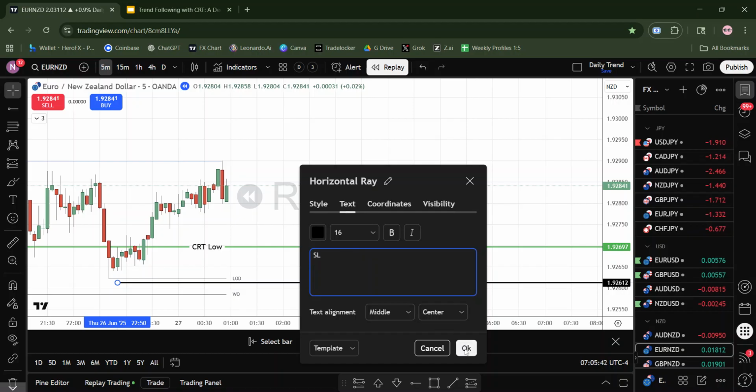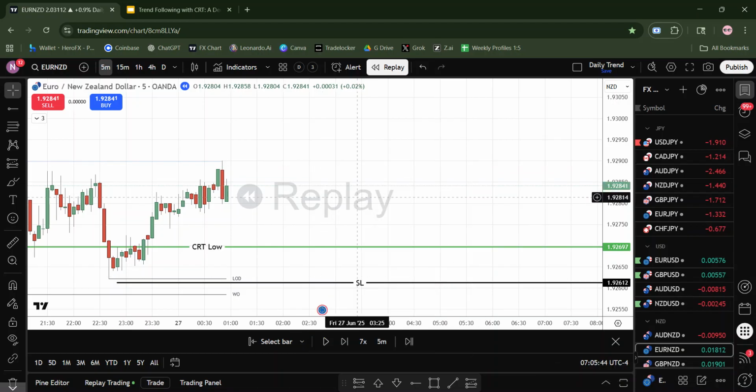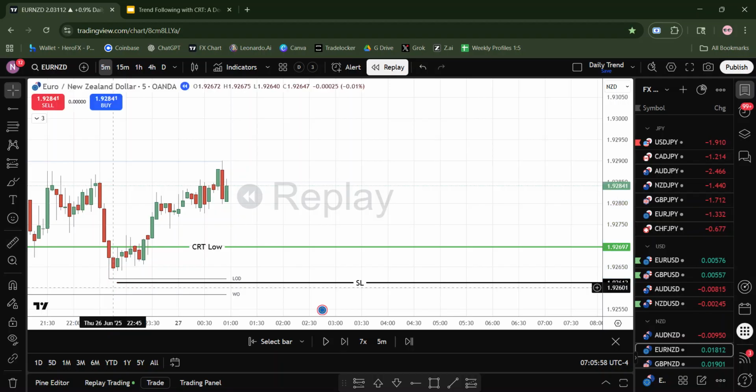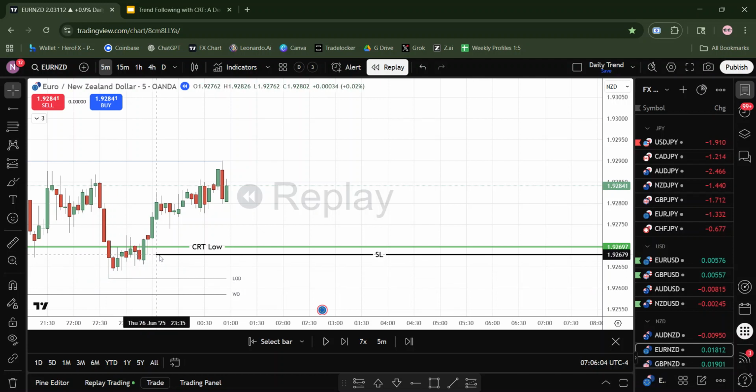All right, so there we go. So the safest stop loss is below the low of the day. However, it can be sizable sometimes. And the bigger your stop loss, the smaller your position is going to be. So that's about a 24 pip stop. And it's going to cut into your risk to reward. So that's one. The next option, you can put your stop loss outside of the range, like that.